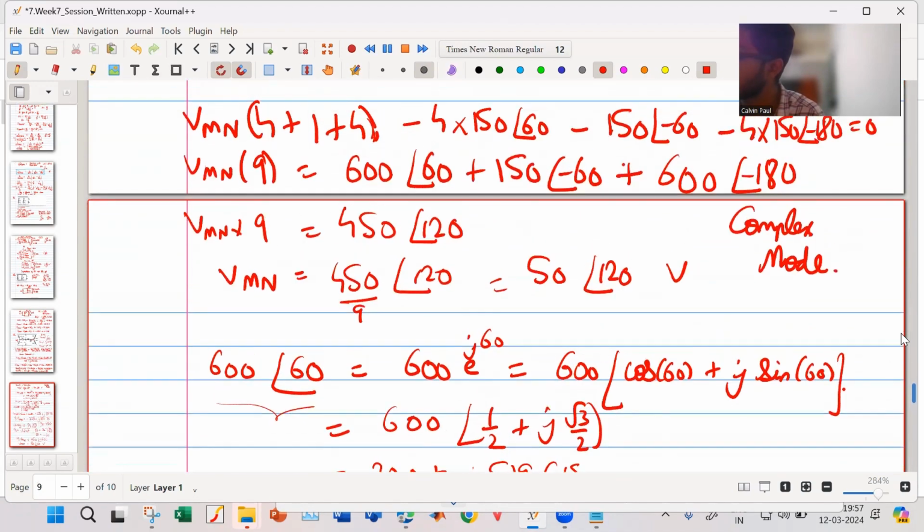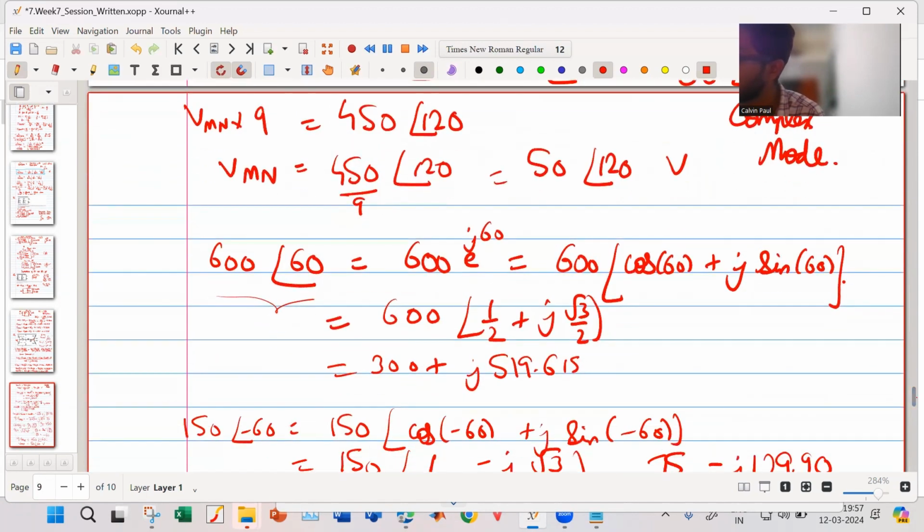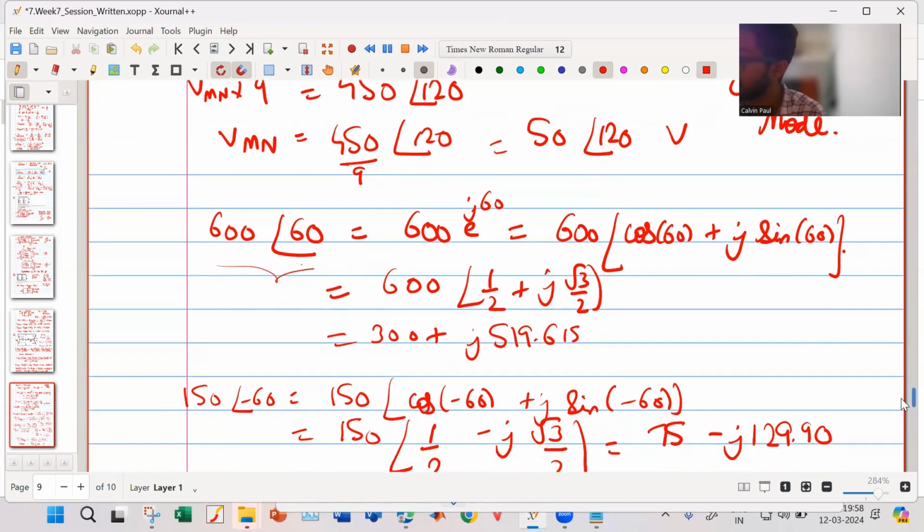Then we also considered how to solve these complex representations using easier methods, like using sine and cosine trigonometric functions, because in the GATE exam you will not have the complex mode on your calculator. You have a simple calculator, so you have to use these techniques.